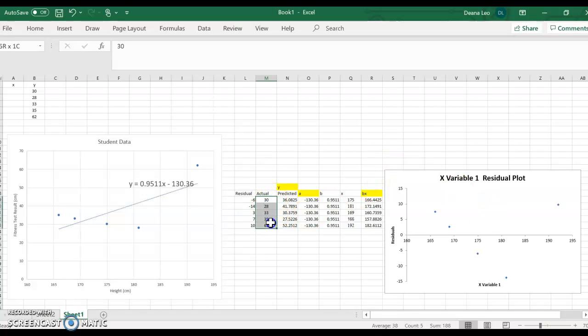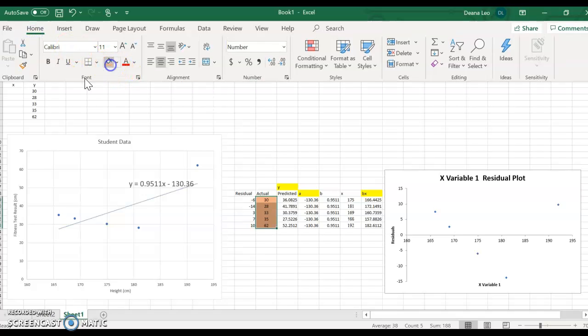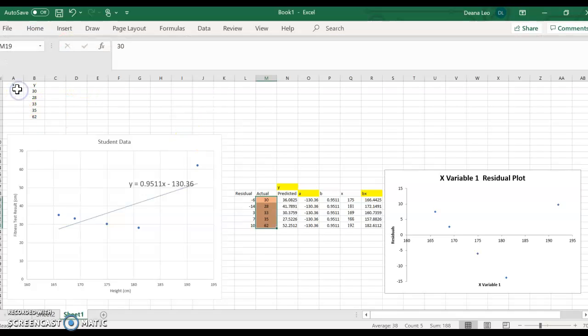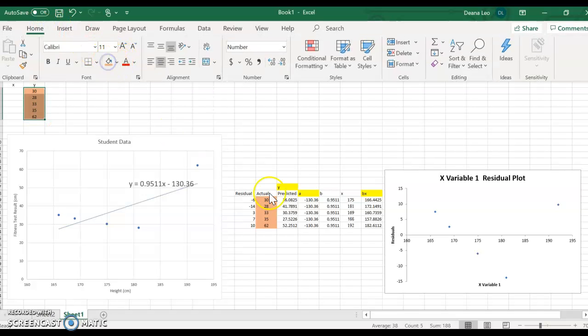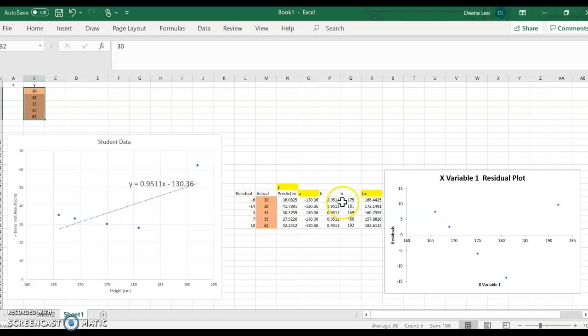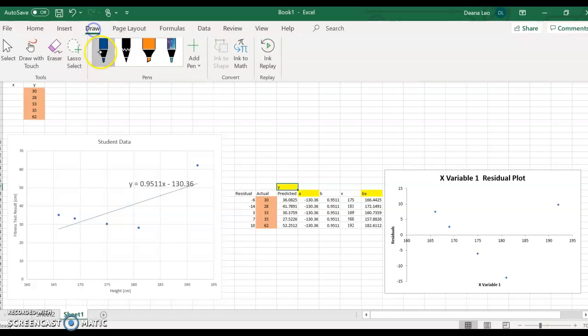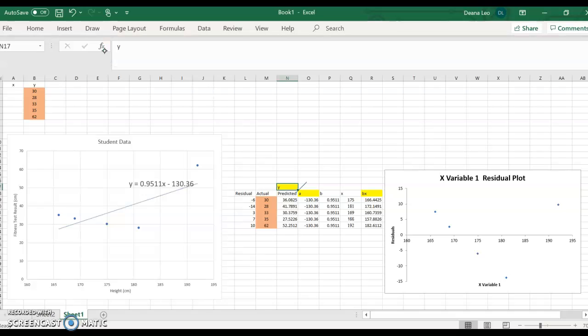So your actuals have gone there. Now your predicted has to come from y equals a plus bx. Remember your predicted came from y equals a plus bx.